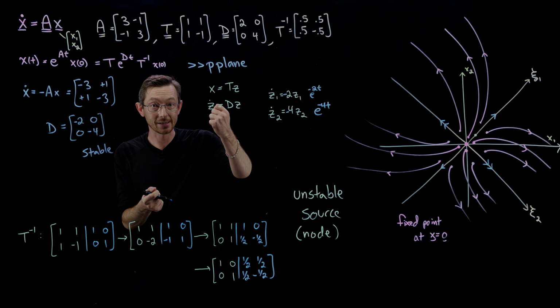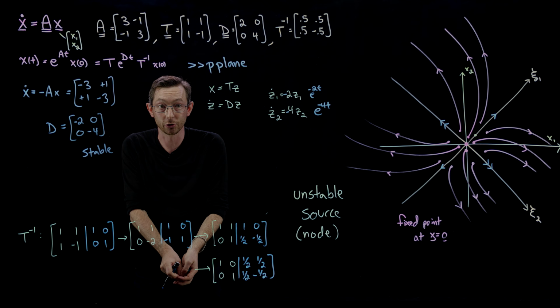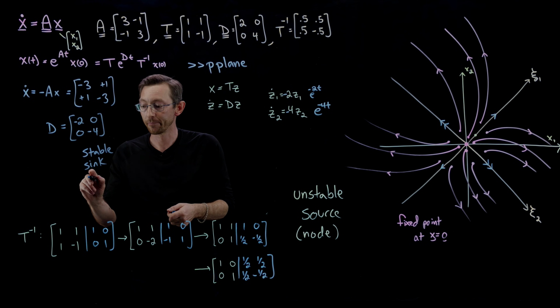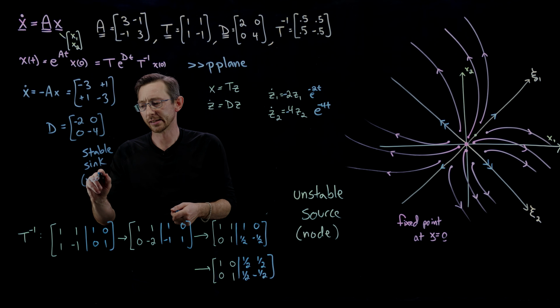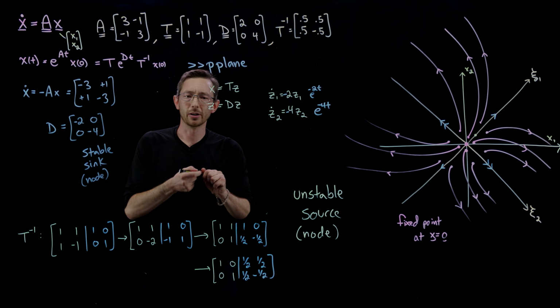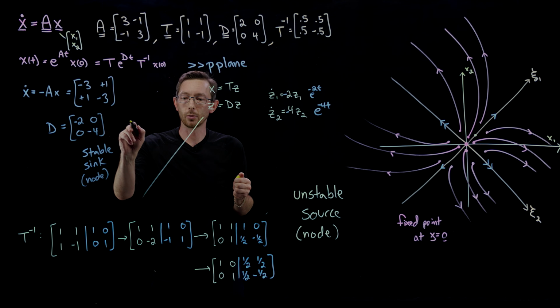Just like you turn on your faucet and water flows into the sink and it all drains, that's what this is going to be. It's called a stable sink, and I think that's also called a stable node in dynamical systems. I can probably draw this picture pretty quickly, a quick and dirty sketch.